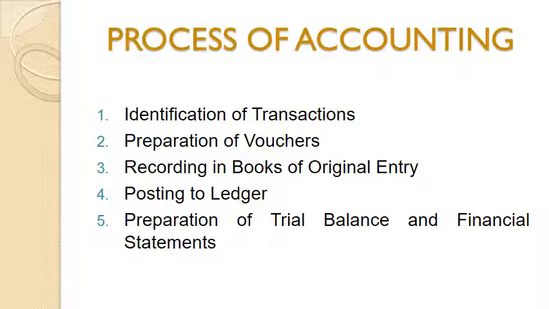So all the transactions are either recorded in journals or in subsidiary books if a business is quite big. Then after recording the transactions in journals, the next step is to post them on the ledger. Using those entries which we have posted in journals, the ledger is prepared.